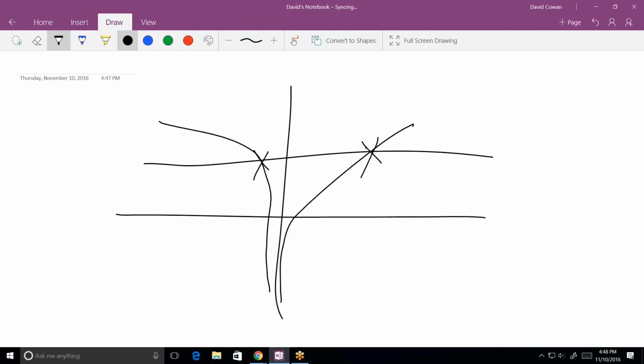Okay. This line here is y equals 2. In other words, whenever you're trying to solve a problem by graphing it, I can graph the left side of the equation as y sub 1 and the right side of the equation as y sub 2. In this case, y sub 2 is equal to 2. That's the right side of the equation.